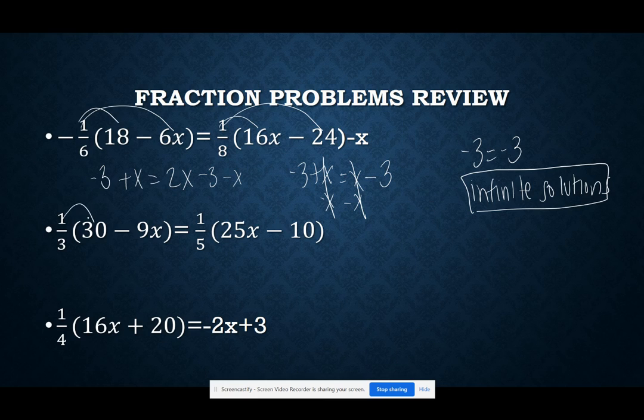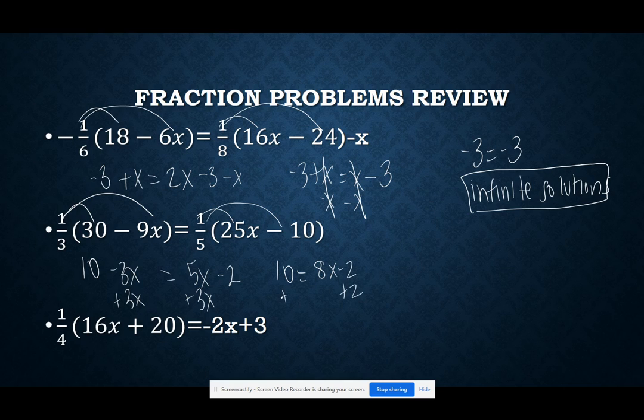Let's distribute this in. 30 divided by 3 is 10. Negative 9 divided by 3 is negative 3. 25 divided by 5 equals 5. Negative 10 divided by 5 is negative 2. Add 3x to both sides, and I get 8x.